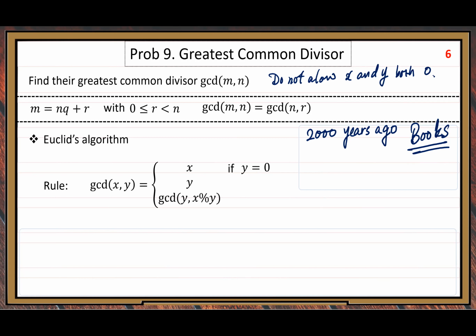Remember the condition? We do not allow x and y both 0. Later I will explain that. So here y could be 0. If y is 0, then the answer is x.